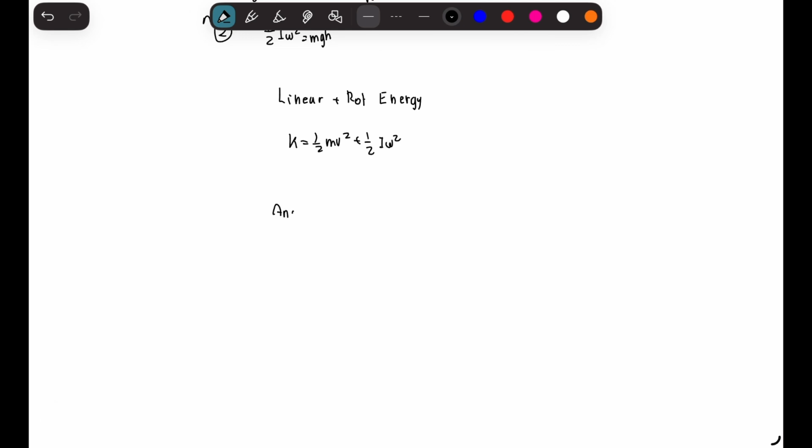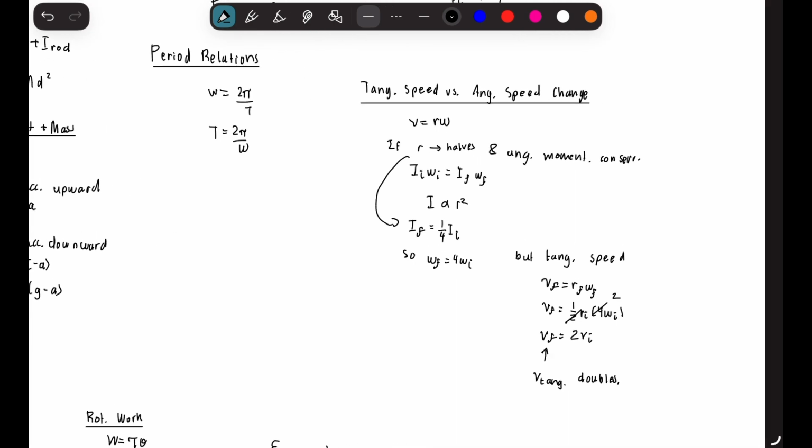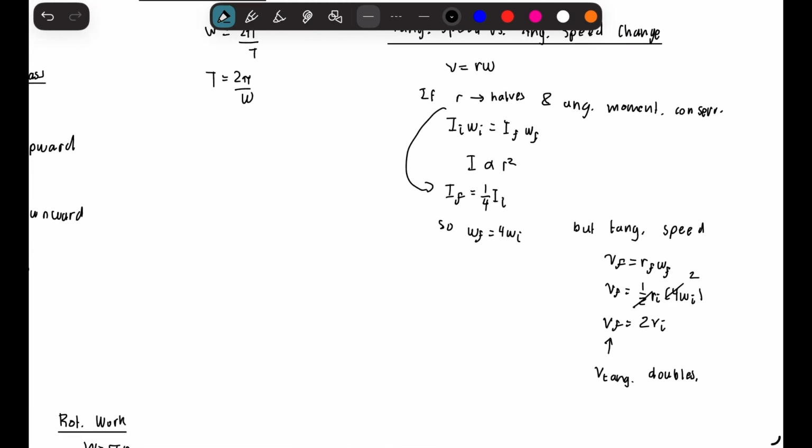When you have angular momentum in terms of tangential velocity, which I believe we wrote about here, L equals m v r. It can sometimes be easier because v equals r omega, so L is equal to m r squared omega.